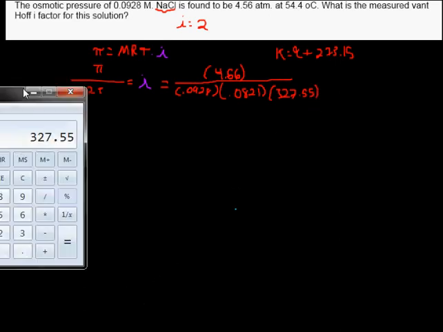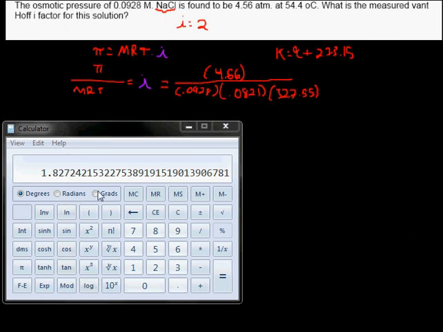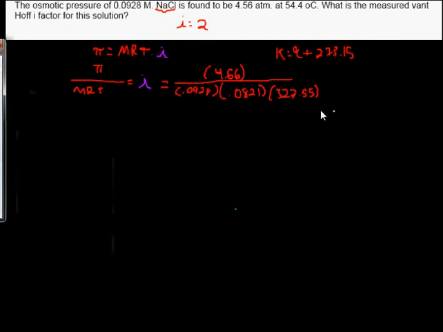Alright, so now we just plug and chug. 4.56 divided by 0.0928 divided by 0.0821 divided by 327.55. So this is what we get here. This answer right here, 1.83. So not much work involved, right? So we ended up with i equaling 1.83.